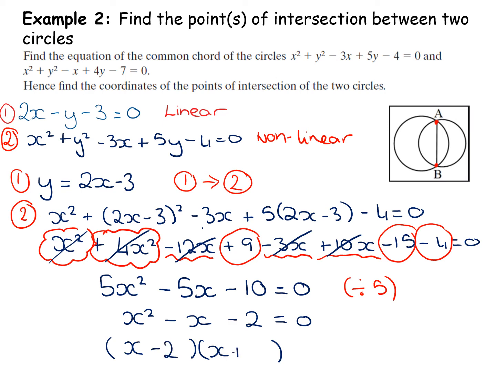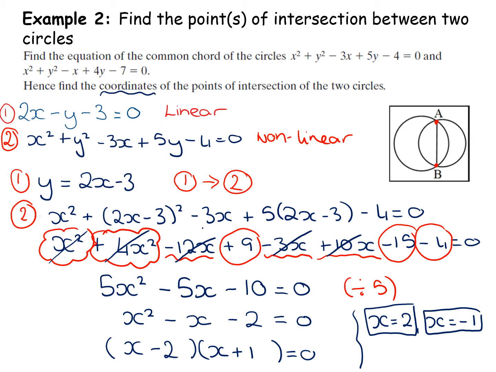So minus 2 in one bracket, plus 1 in the other, and that gives us a final answer for x as 2, or x equals minus 1. Now, if we go back to the question, we've been asked for the coordinates of the points of intersection.